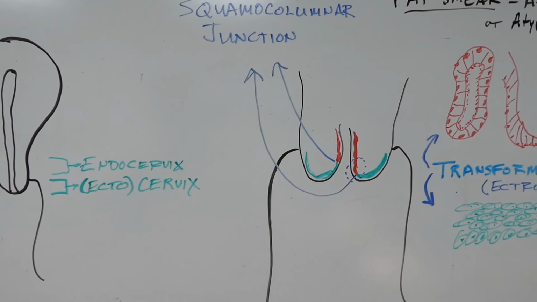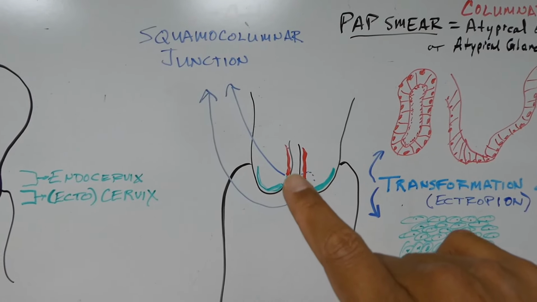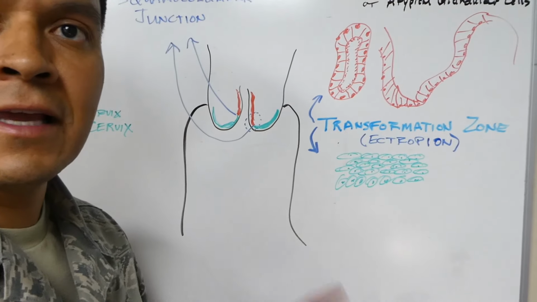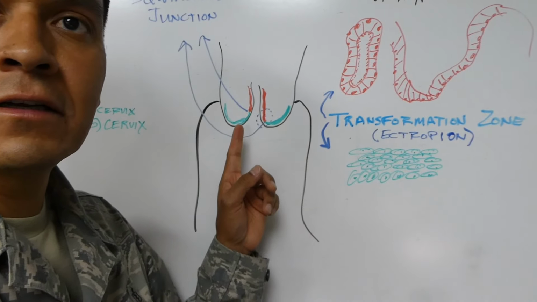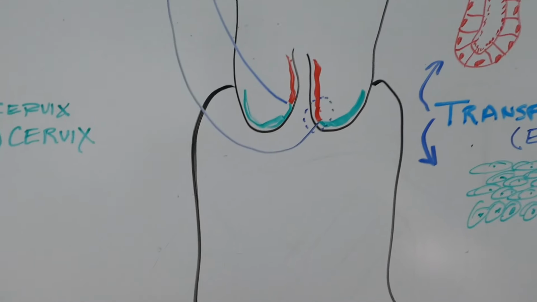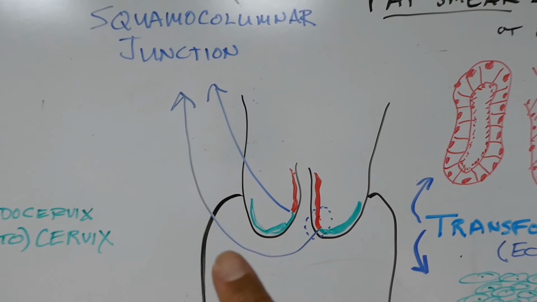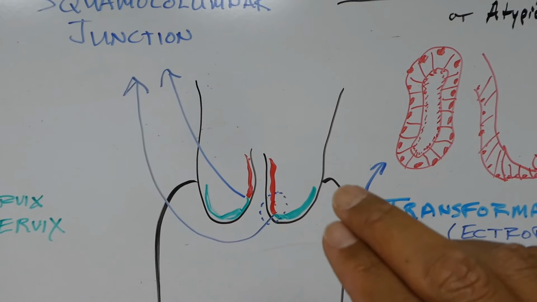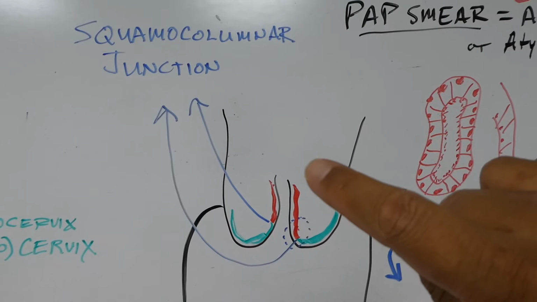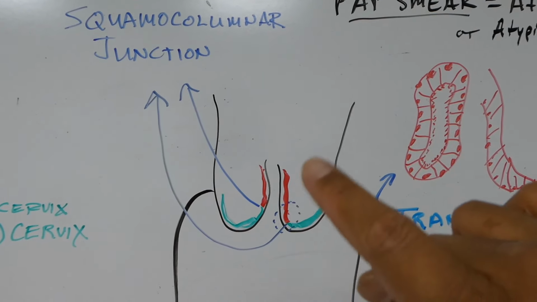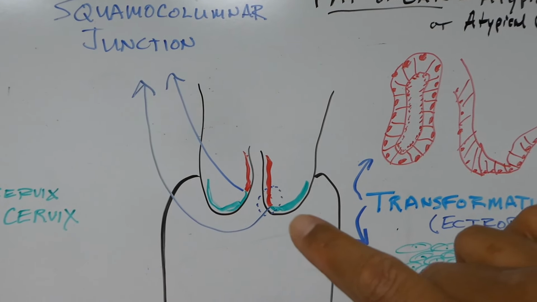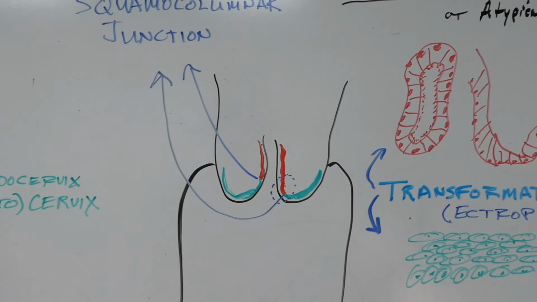So usually in females who have not experienced pregnancy, they have a higher, not necessarily higher, but a deeper squamocolumnar junction. So the squamous cell goes farther deep. Now, following pregnancy, the endocervix starts migrating more towards the ectocervix.